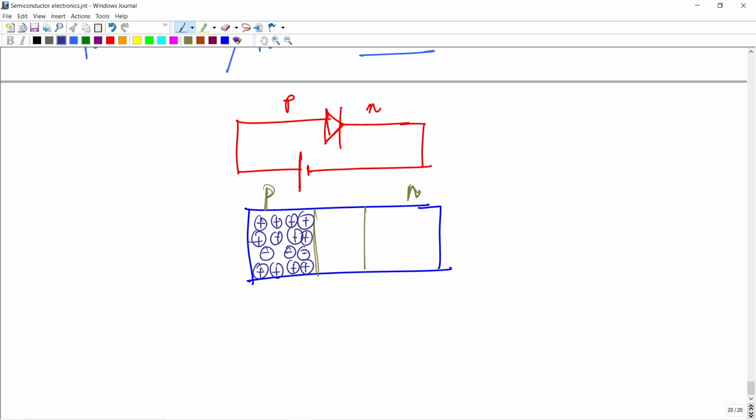Here the minority carrier is the electron. Similarly, in n type the majority carrier is the electron, and here the minority is the hole, a smaller number of holes.